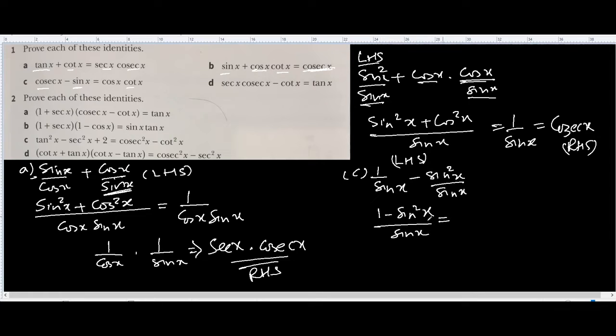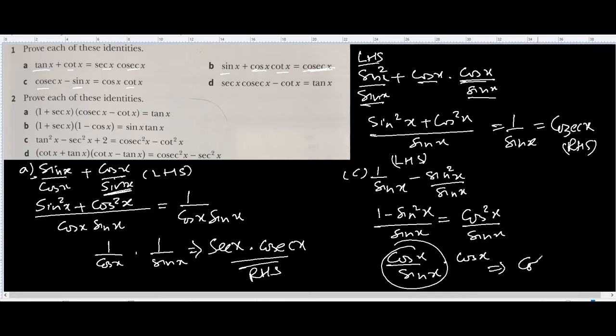We know 1 minus sine square x is cos square x over sine x. So now I can separate cos. So I'll write cos x over sine x times cos x, and cos x over sin x is cot, and cos x is cos x. That is RHS.